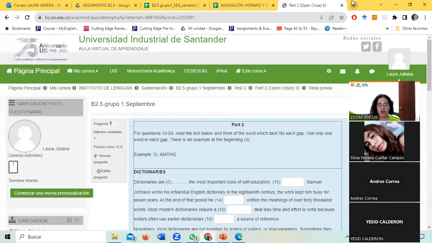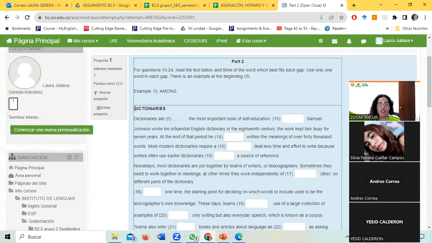Check the questionnaire now. The name is dictionaries, okay? So that is the exercise that you're going to complete now, dictionaries. You have the gaps and the text, so read the text. Remember to follow the instruction: 1 word in each gap, okay?